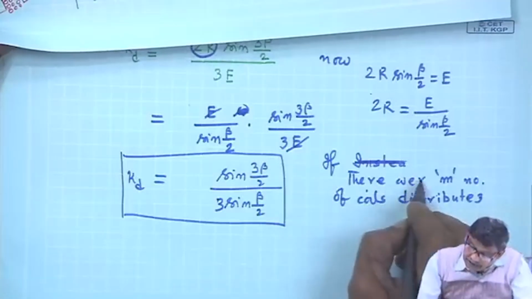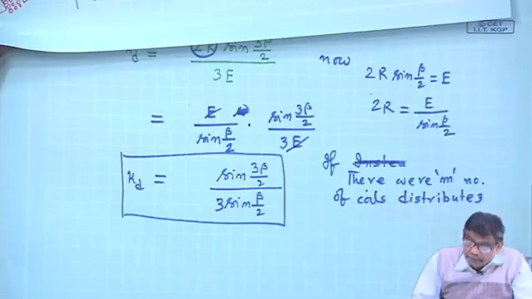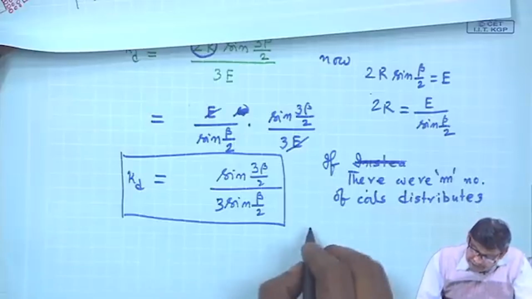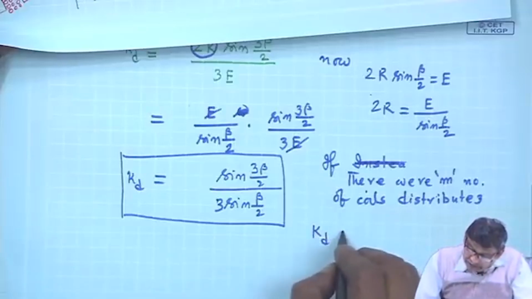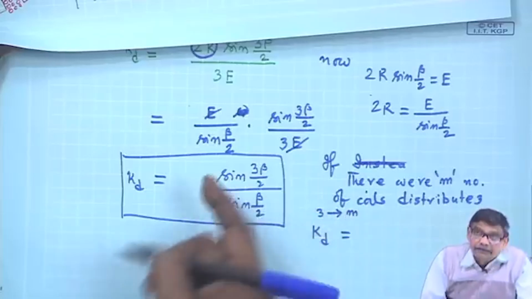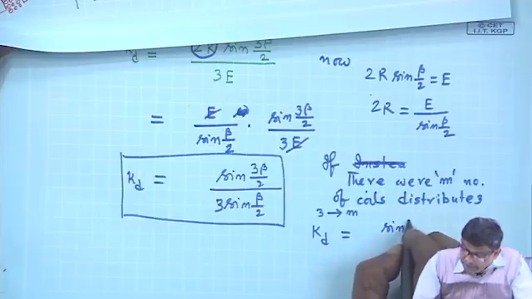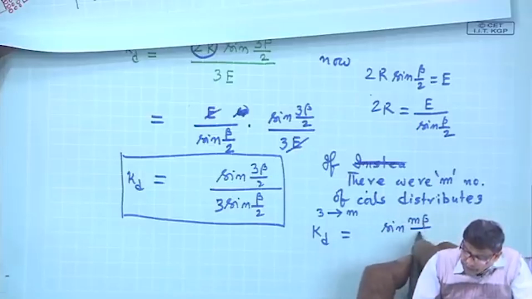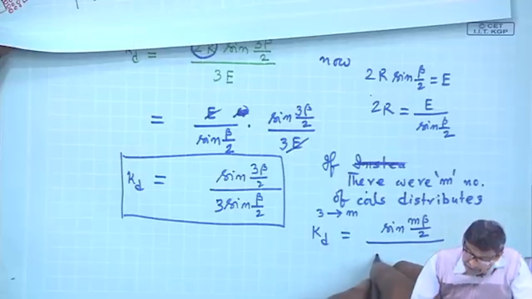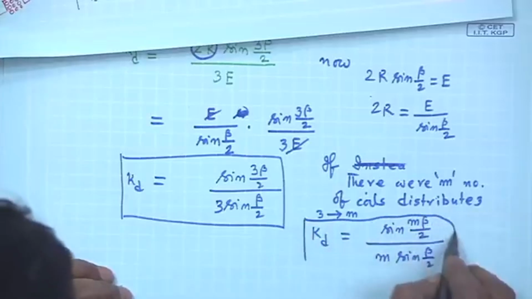If there were m number of coils distributed, with angle between them beta, then in general K d should be, replace 3 by m. I have done it for a specific number, so it will be sin m beta by 2 divided by m sin beta by 2. This is the distribution factor.